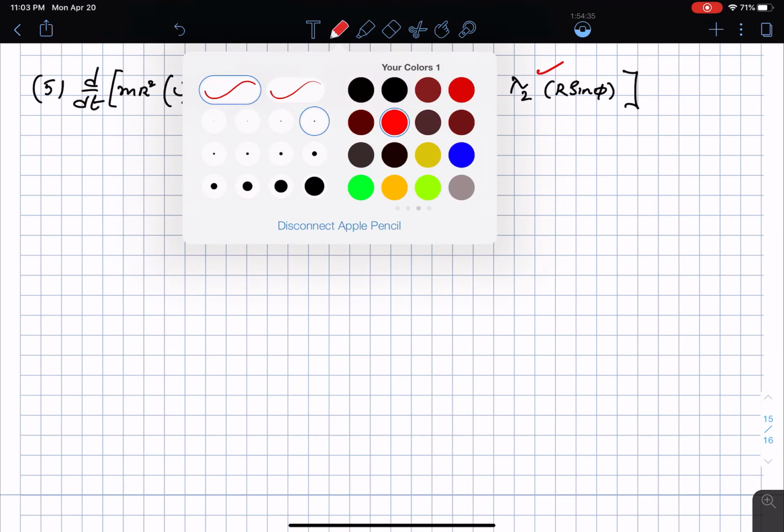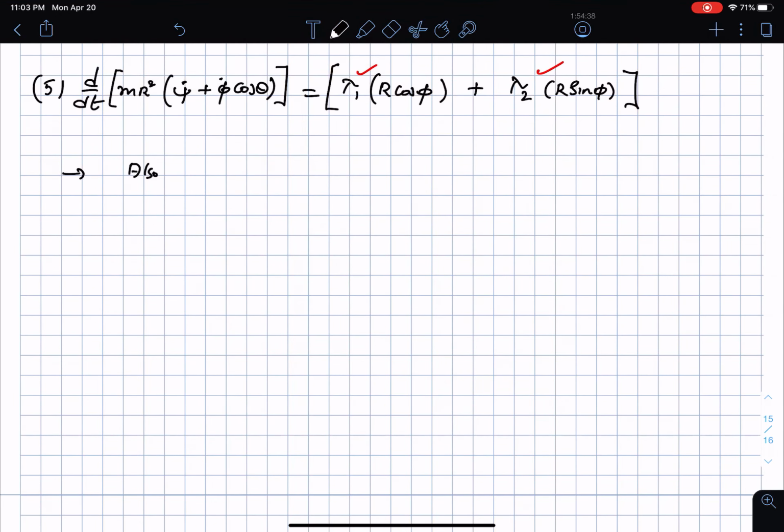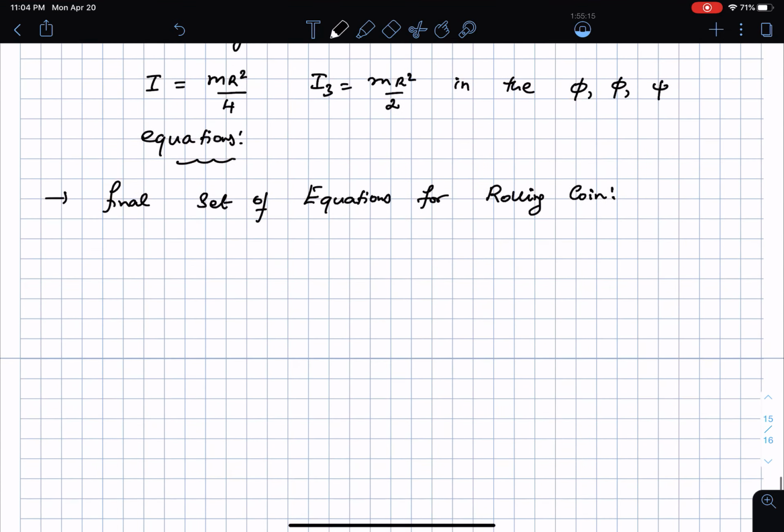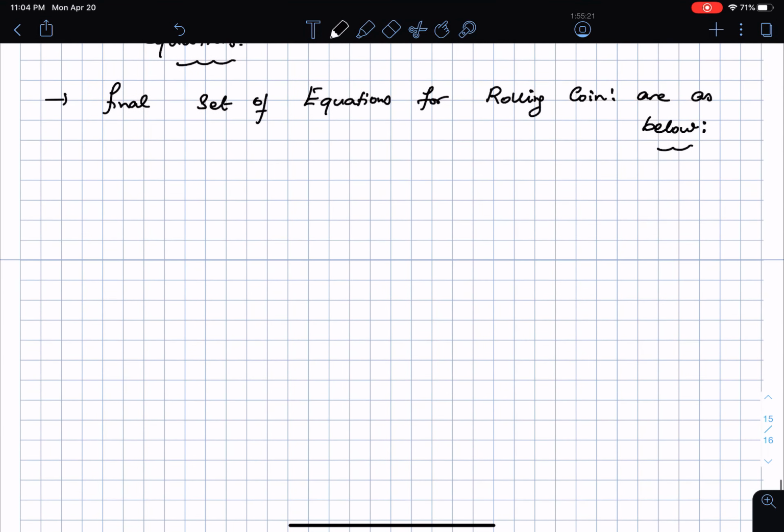We're also going to say that I is equal to m r square by 4, I3 is equal to m r square by 2 in the theta, phi, and psi equations. And so we have the final set of equations for the rolling coin, which are the following.